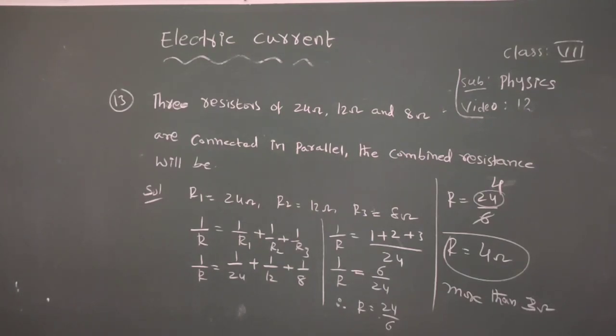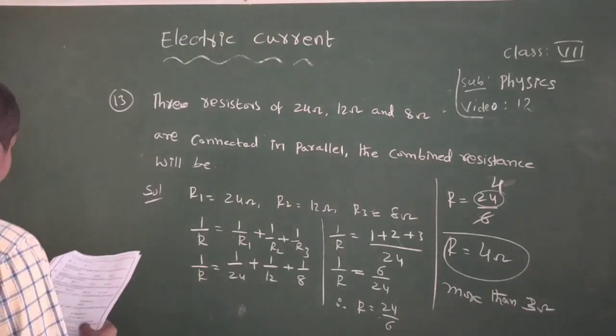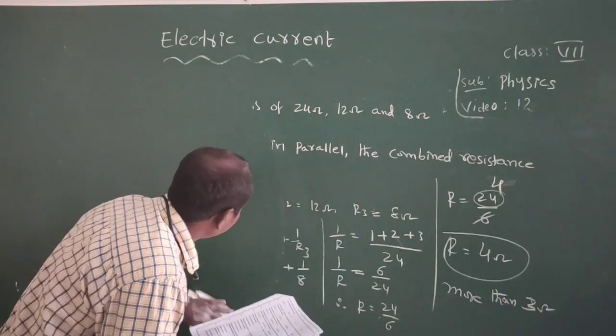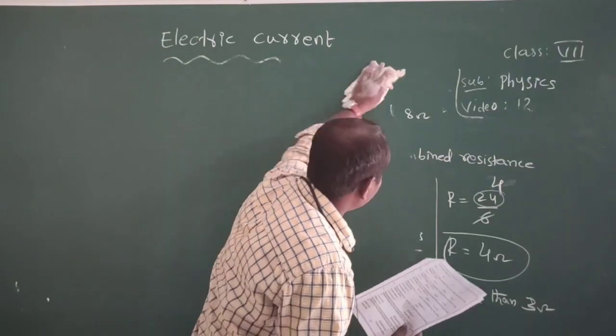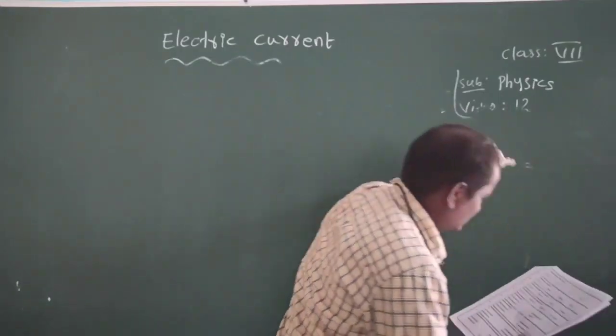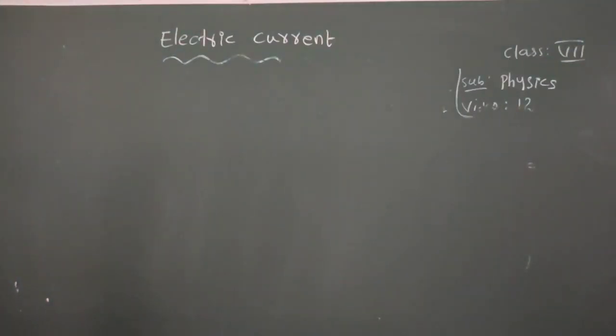Okay. Next, question number 14. Three resistors P, Q, and R are connected in such a way that the combined resistance is less than any individual resistor.